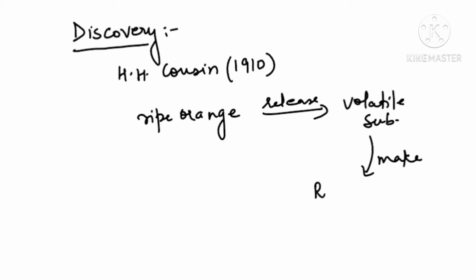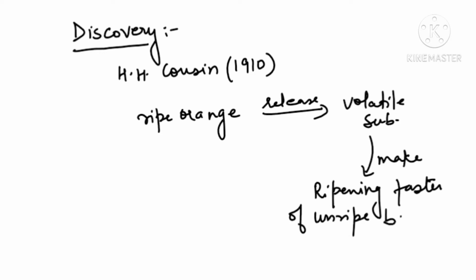Make ripening faster of unripe banana. Means the bananas were unripe and they were ripening faster now when the chemical is coming from the ripe orange. So ripening is faster of unripe bananas which are kept nearby.